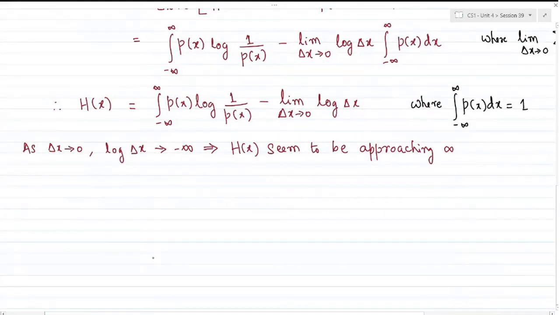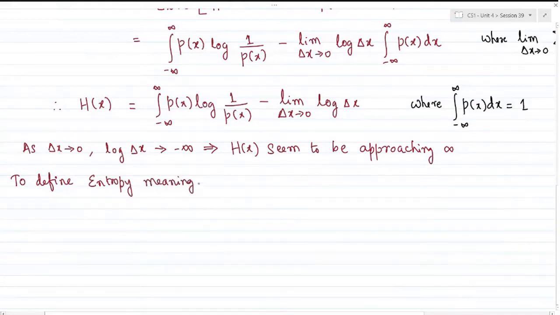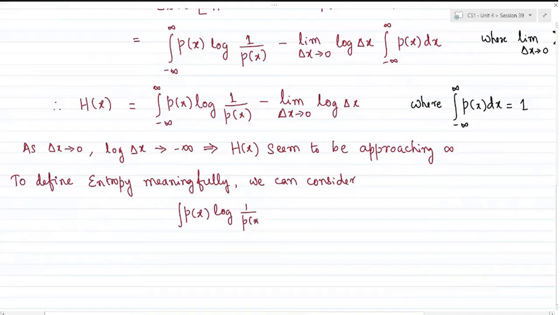So to define the entropy in a meaningful way for a continuous random variable x, we can consider this term, integration p of x log 1 over p of x, as a relative value.